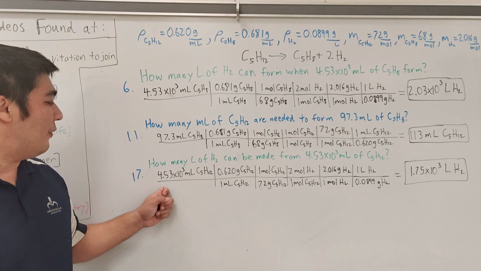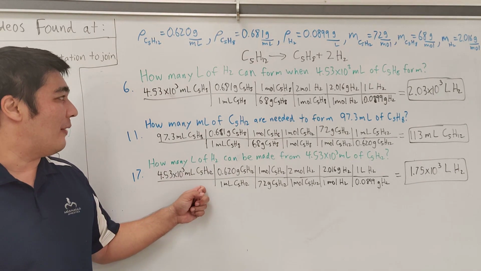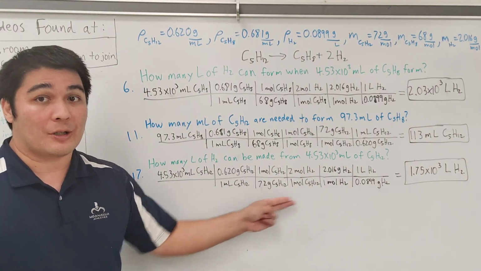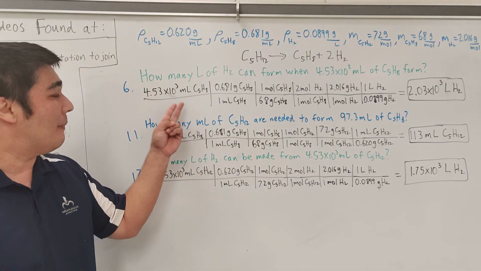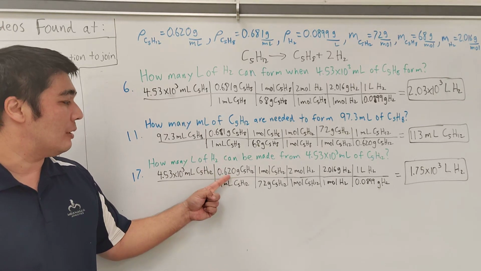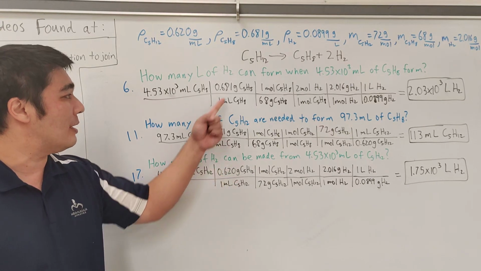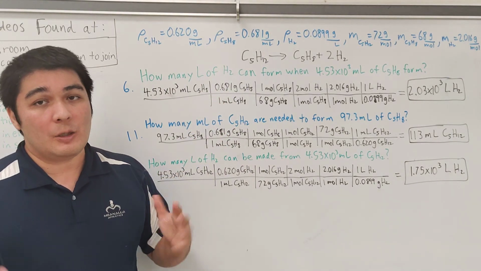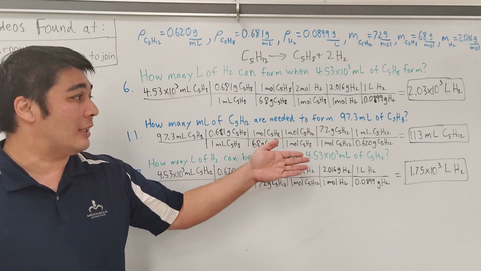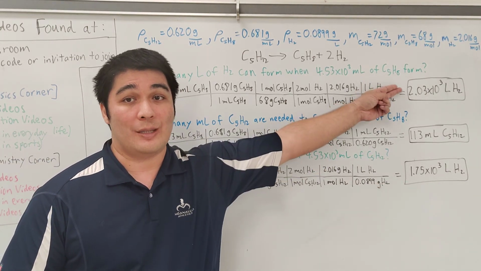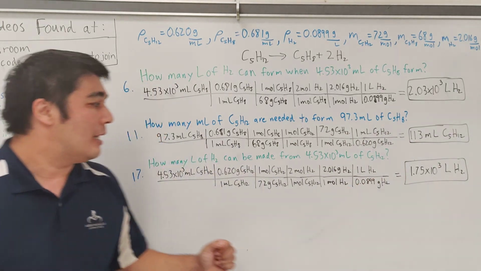We start with our 4.53 times 10 to the third milliliters of C5H12, and the steps are actually the same. The only difference is the density, 0.620 grams per milliliter instead of 0.681 grams per milliliter, so you can see the difference between this answer and that answer.